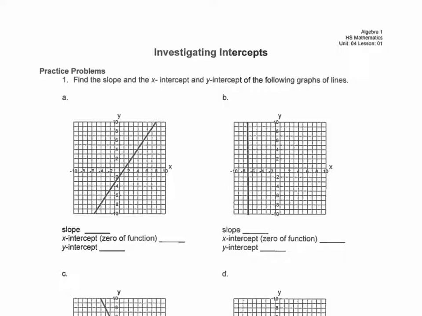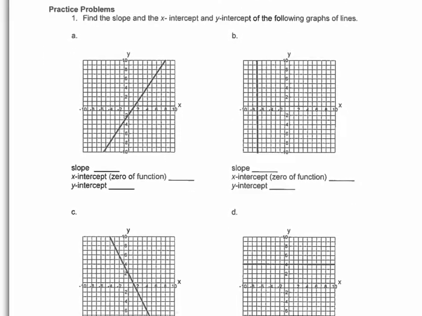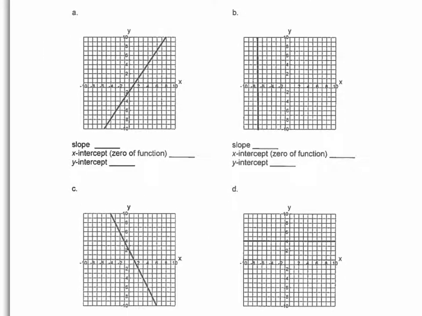Now look at these practice problems, A, B, C, and D. They're not just asking about the intercepts, even though that's what these notes are about. They also want you to find the slope. On B and D, the slope should be very easy: B is a vertical line, D is a horizontal line.